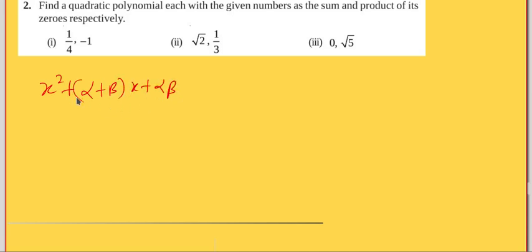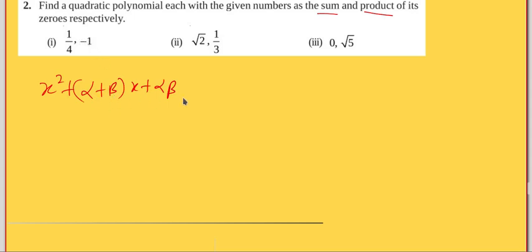This is the polynomial. The sum of zeros is the coefficient of x and the product of zeros is the constant. It is given that the sum and product of its zeros are respectively, that means the first one is the sum of the zeros and the second one is the product of the zeros.